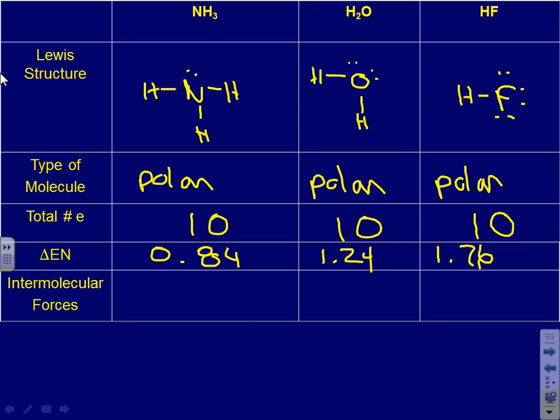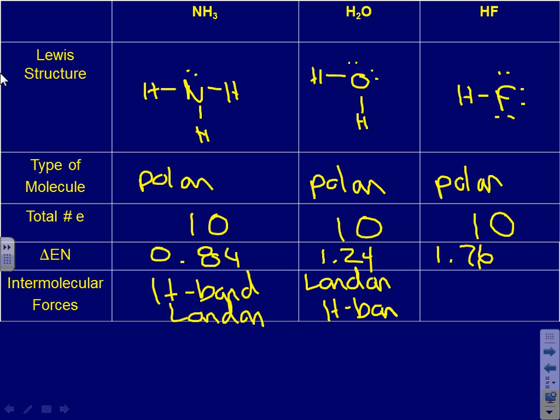And so these are all our three examples. They're all H bonding, right? Oh, sorry, London and H bonding. London and H bonding. London and H bonding.